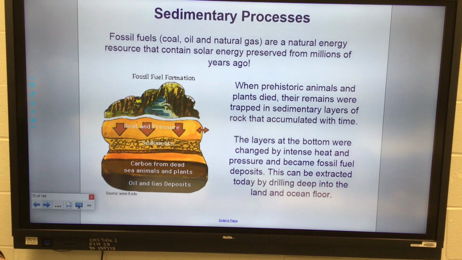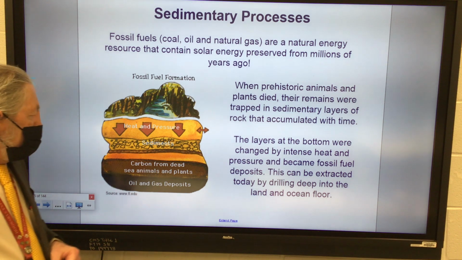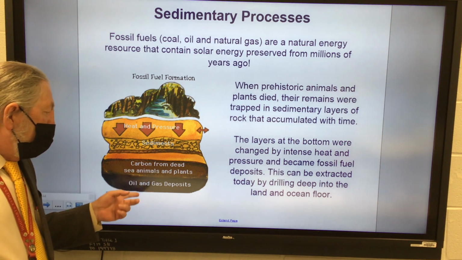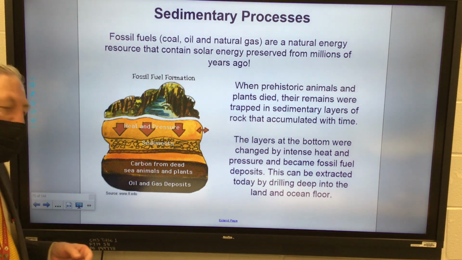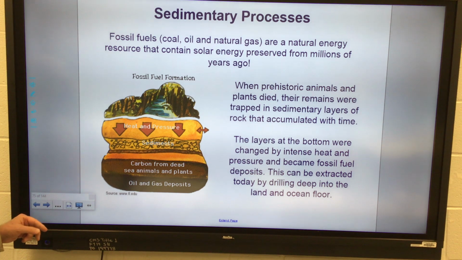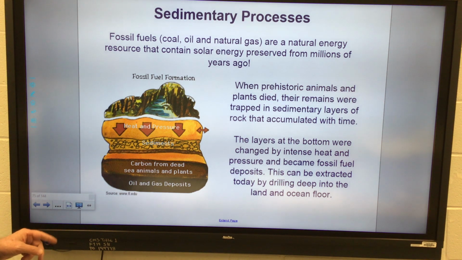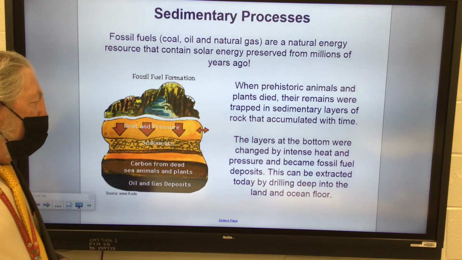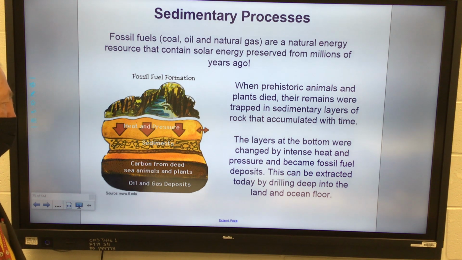You get oil and gas out of the deal, natural gas, okay. And you got a question about this? So these layers at the bottom here were changed by intense heat and pressure and became fossil fuel deposits.